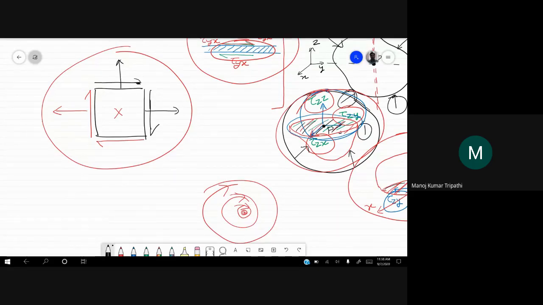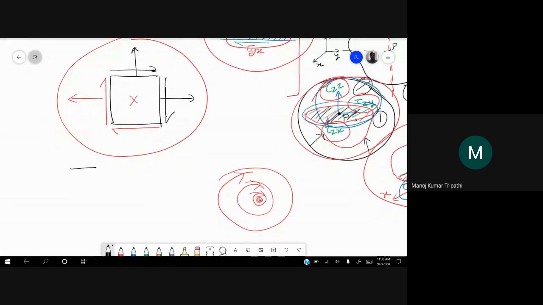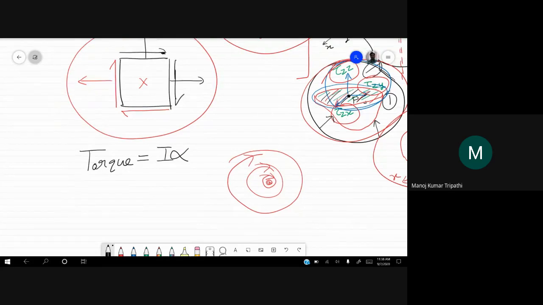So what you can do is write the angular momentum equation, that is torque equal to I alpha, and see what happens to this equation.